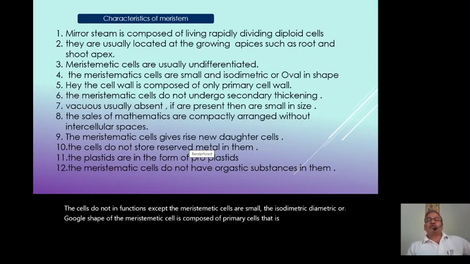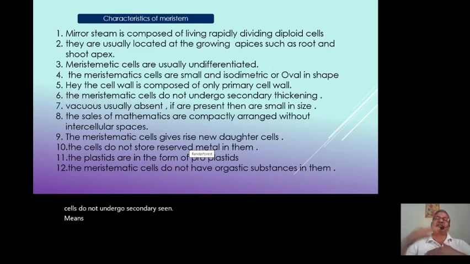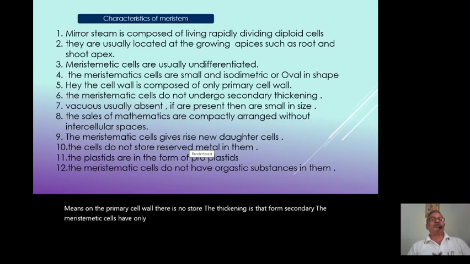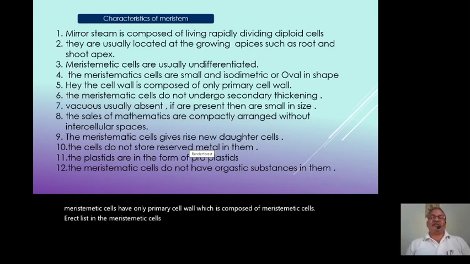They do not undergo secondary thickening, so there is no secondary cell wall on the primary wall. Vacuoles in meristematic cells are usually absent, and even if present, they are small in size.